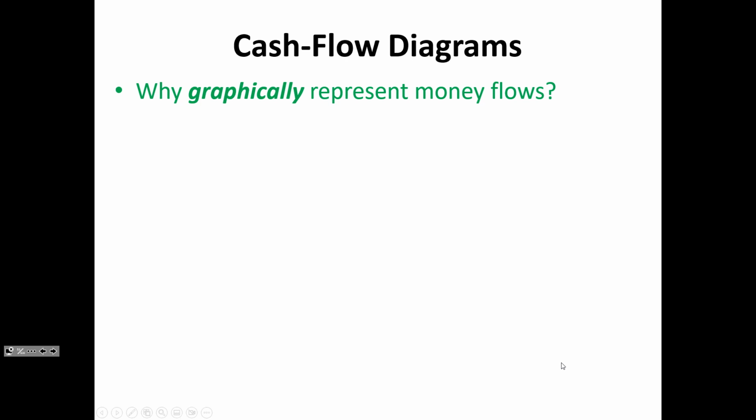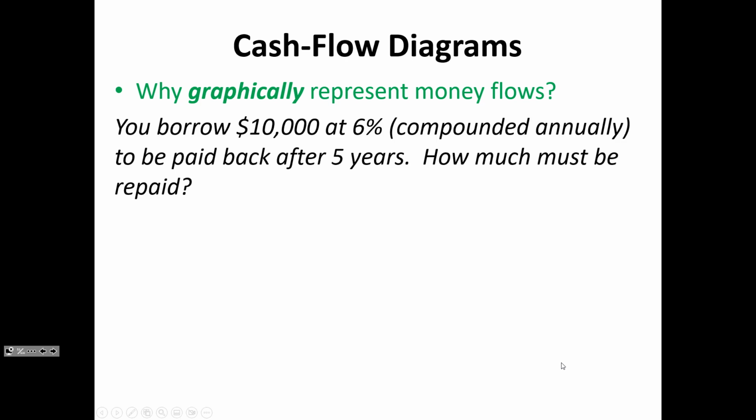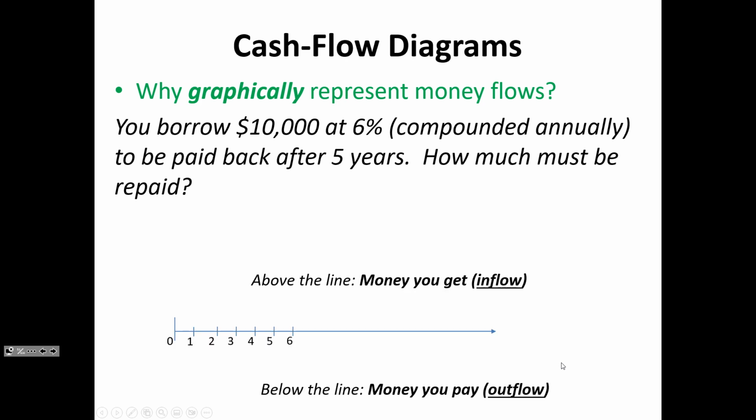It's useful to represent cash flows as a graphical representation because it's simpler and more streamlined than these English language problem statements. I think I've shown you one of these before. You can have a statement that's written out in text, or you could translate it to a diagram that's just easy to see and is language neutral.